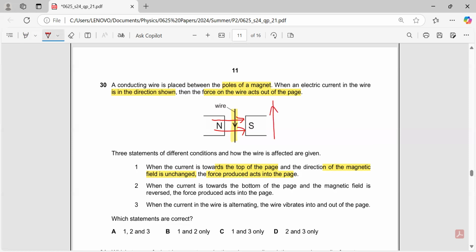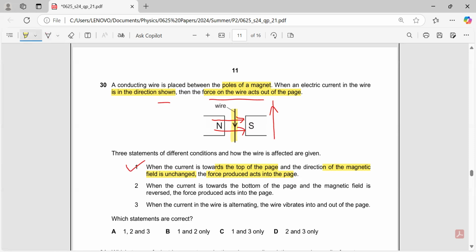So if only one thing is changed from current and magnetic field, then the direction of force is reversed. Right now in the previous situation, the direction of force is out of the page. So if they are changing the direction of current, the direction of force should be into the page. So this statement is correct here.